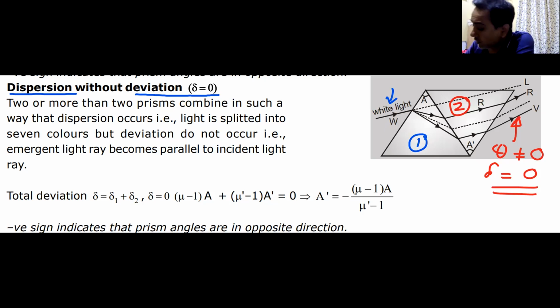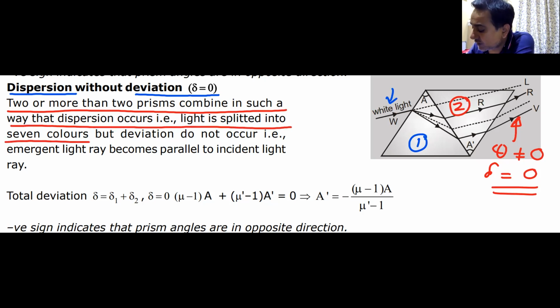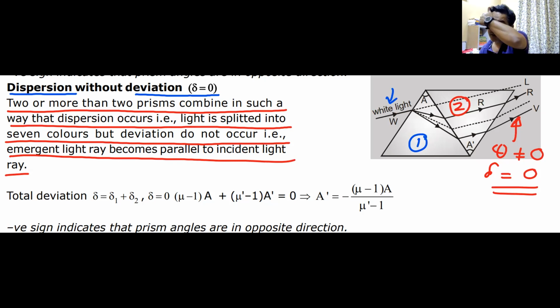So when two or more prisms combine in such a way that dispersion occurs, that is, white light is split into 7 colors, but deviation does not occur, the emergent ray is parallel to the incident ray, this type of combination is known as dispersion without deviation. The total deviation will be delta 1 plus delta 2, but it will be equal to 0.